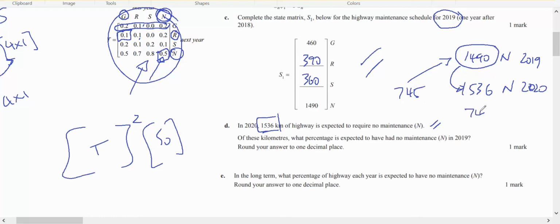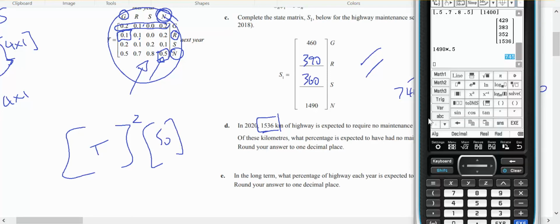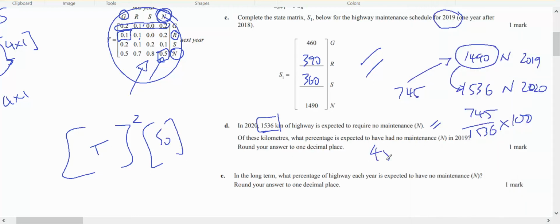So it's 745 divided by 1536 times 100, and that's going to give me, there's my calculator, 745 divided by 1536 times 100, and that's 48.5%.